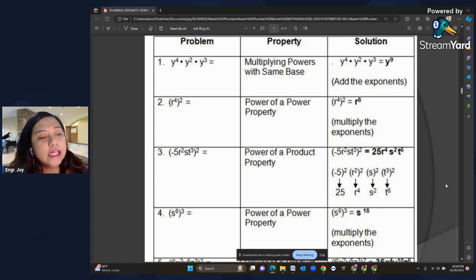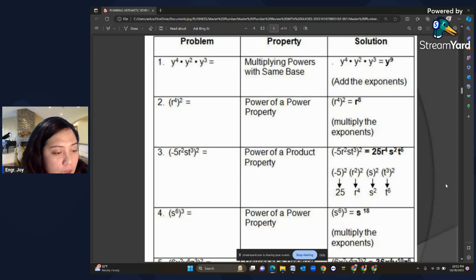And number 3, it's negative 5 r squared s t cubed, then squared. Power of a product property, isa-isahin natin. Negative 5 times negative 5, because 5 squared yan, so it's 25. And yung r squared, i-squared mo pa siya.